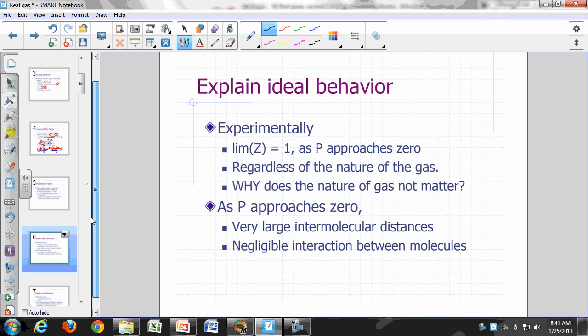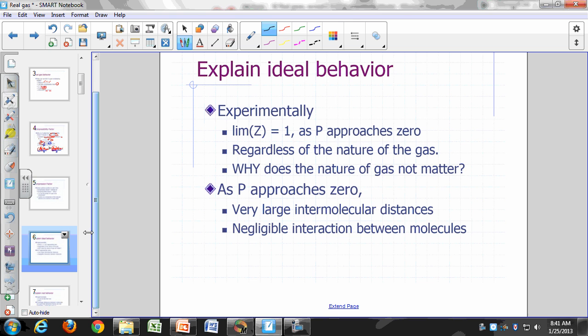So how do we explain ideal behavior? Well, let's see. PV equals nRT doesn't matter what gas you have, right? The nature of the gas, it doesn't matter what the structure of the molecules are. So why doesn't the nature of the gas matter?